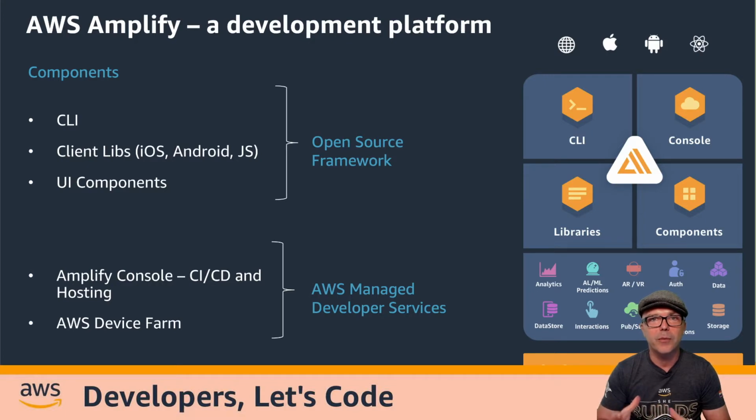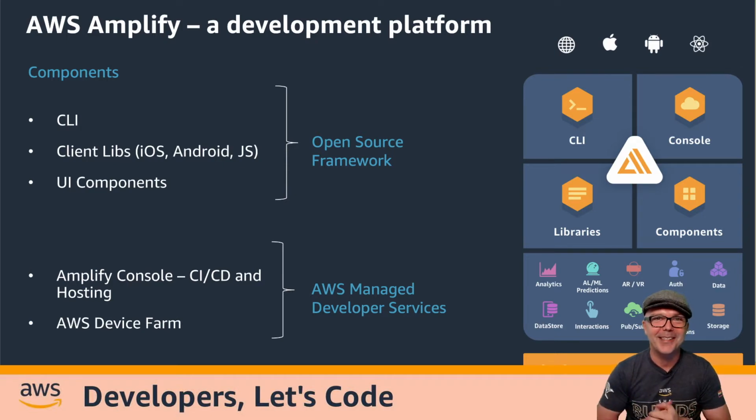We've got a number of client libraries that you can add to native iOS apps, Android apps, and JavaScript frameworks. We've got React, and a number of other JavaScript frameworks, which I've had a mind blank on at the minute.